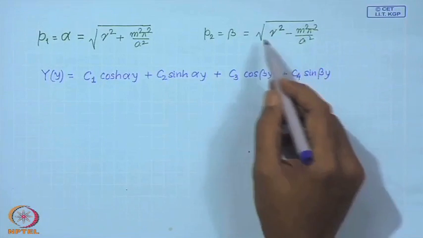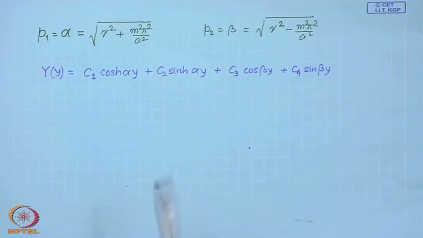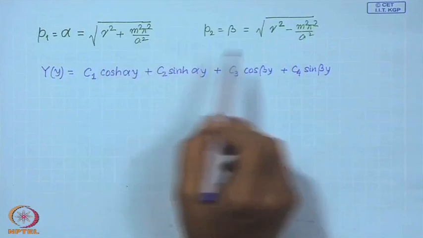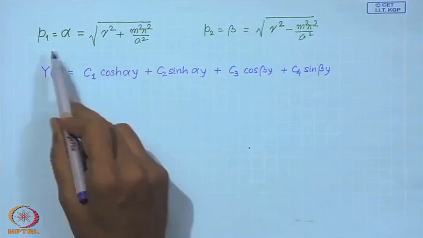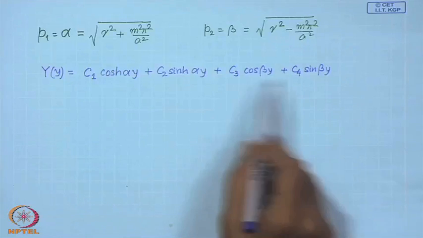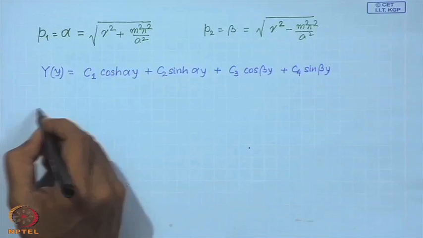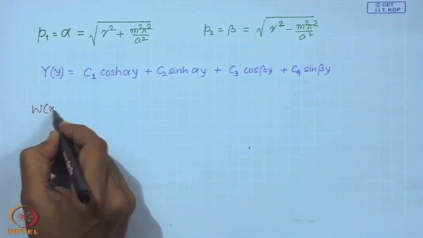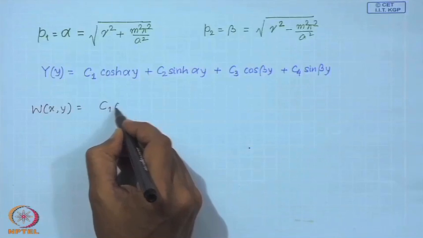So, because of this definition of beta, you have both real and imaginary solutions for p, and by defining p 2 in this form I can write this in terms of trigonometric functions. So, then my solution stands as.